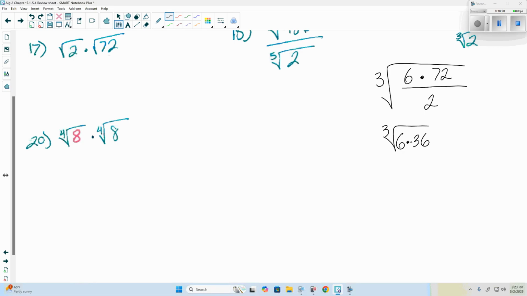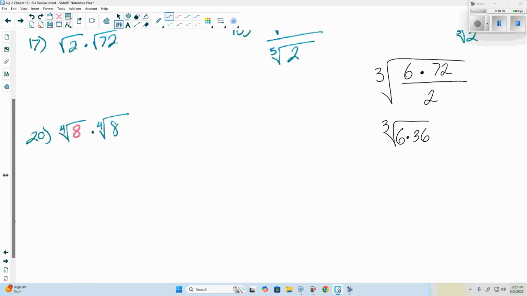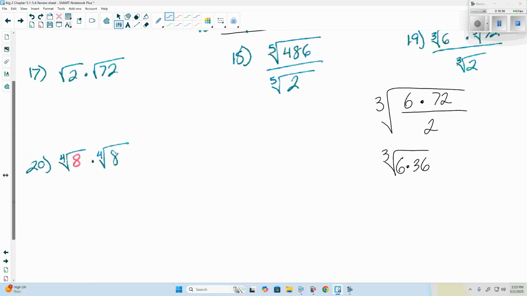Now we're looking for a number times itself how many times? 3, yes? Now we can break this all the way down, or if we have a number times itself 3 times, it would simplify, yes? We wouldn't need to, it's 1. Because really we could say 6 times 72 divided by 2. Because we could divide the 6 or the 72. We can't divide both.